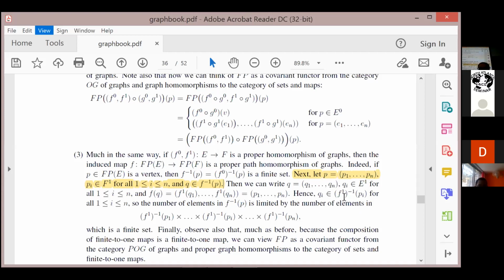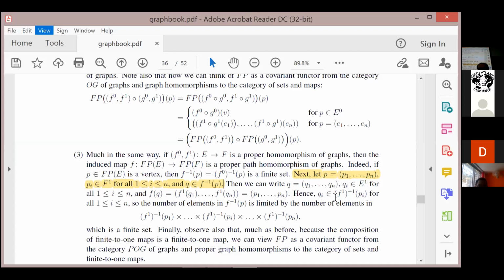But remember, by assumption, F1 is proper. F1 is finite to 1. So every Qi ranges over a finite set. Obviously, you cannot choose more paths Q than you can choose different edges that are in the respective preimages. Therefore you can conclude that the number of elements in the preimage under F of P is limited by the number of elements in this Cartesian product.